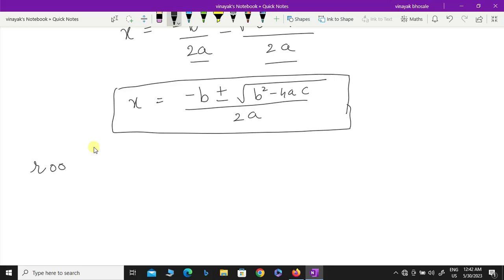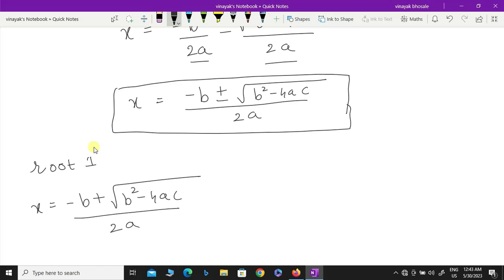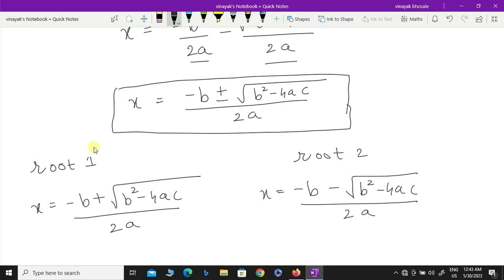For root one, you can use x equals minus b plus square root of b squared minus 4ac divided by 2a. And for root 2, you can use x equals minus b minus square root of b squared minus 4ac divided by 2a. Okay, and this is how you derive the quadratic formula.